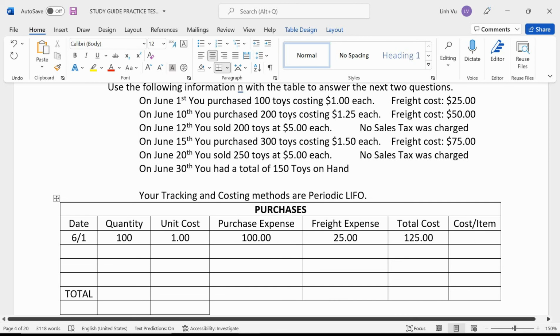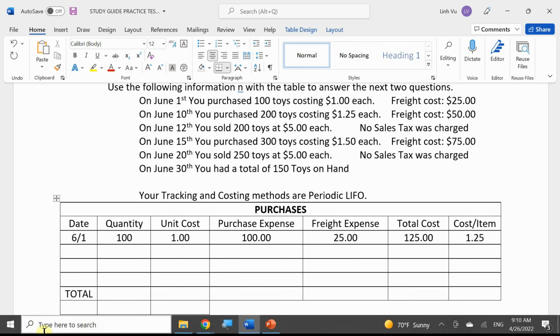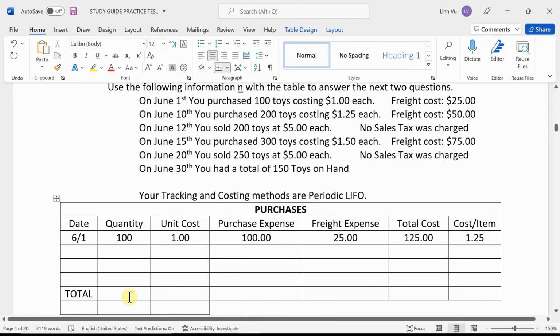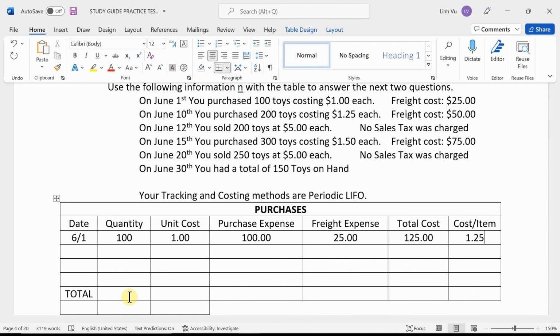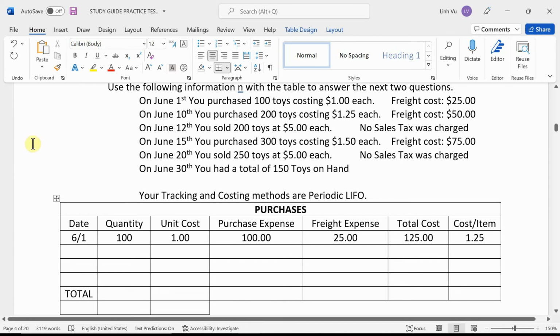So what is my cost per item for this batch? $1.25. Next, on June 10, you purchase 200 toys for $1.25 each with a freight of 50.